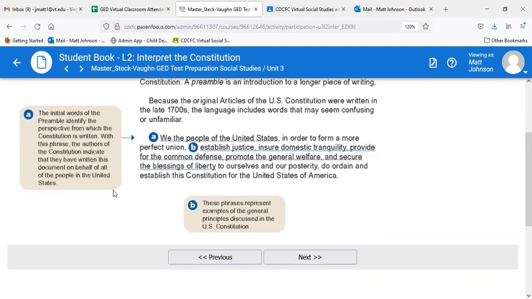So establish justice, ensure domestic tranquility, provide for the common defense, promote the general welfare, and secure the blessings of liberty. And that's pretty much what it covers, right? That's the framework of our federal government and outlining the protection of individual rights.